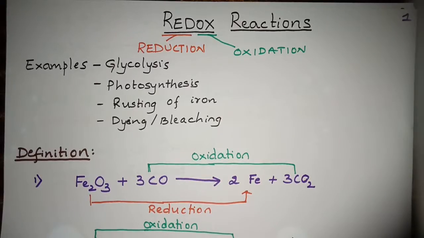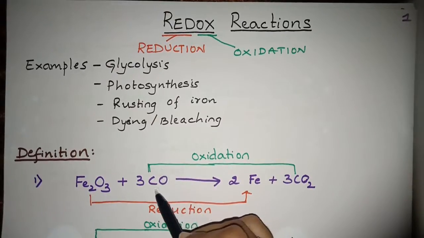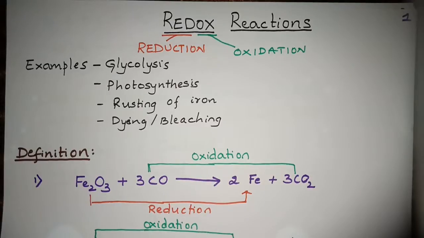So observe this equation carefully and notice what is happening to the oxygen. Iron oxide losing oxygen, whereas carbon monoxide gaining oxygen. So redox reactions or reduction and oxidation reactions can be defined based on the loss or gain of oxygen.